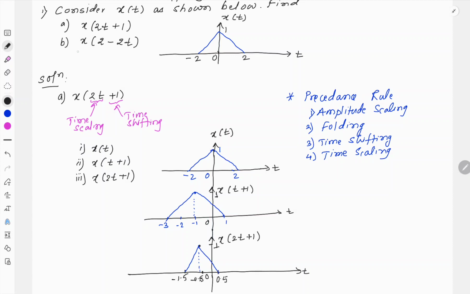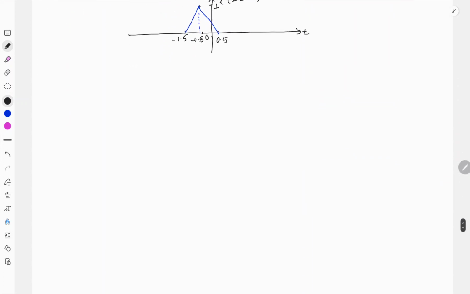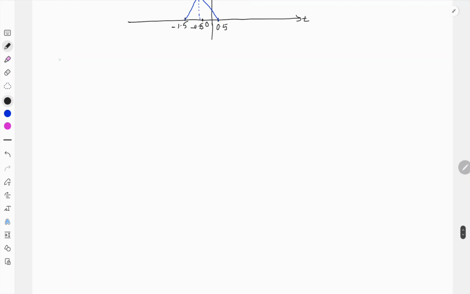Now we have the second part b, which is x of 2 minus 2t. So let us simplify it now. Again check what the operations are in this case. To check that, we first have to rearrange this equation. So this equation becomes x of, let us take the t term at first place.